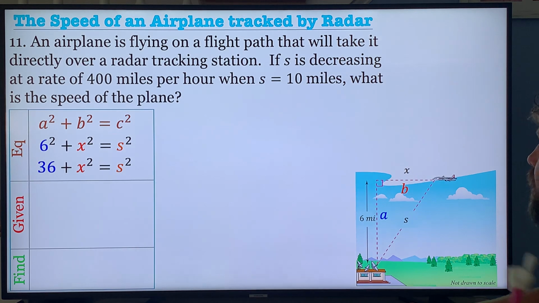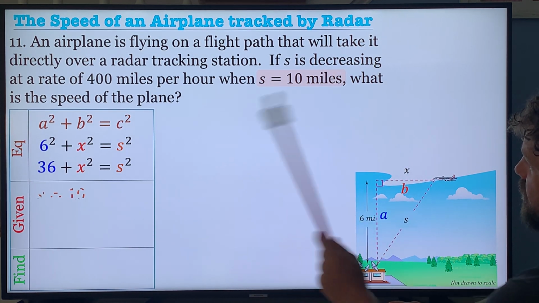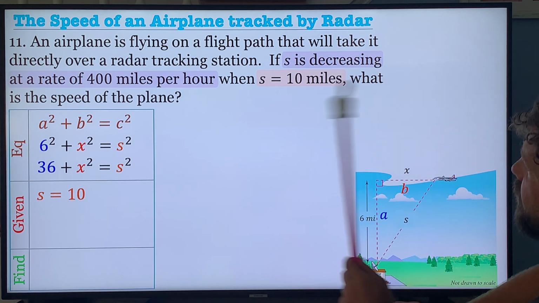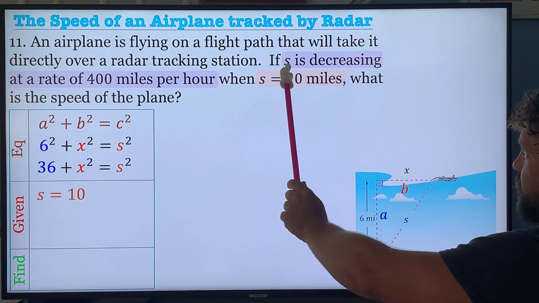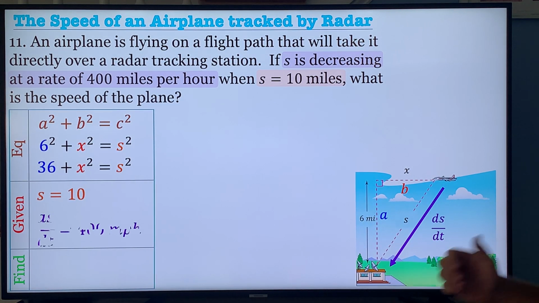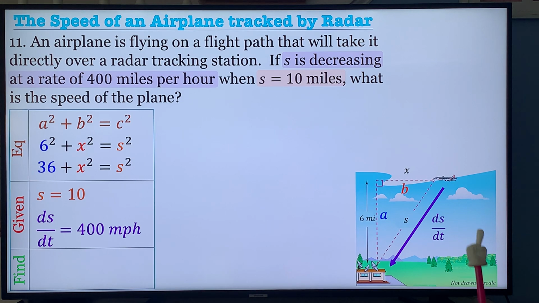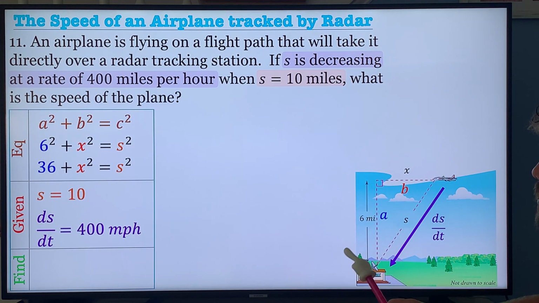Now, let's see what else we're given. S is 10 miles. We're given a rate of 400 miles an hour. S is decreasing, so dS/dt is negative 400 miles an hour. What is the speed of the plane? What are we going to try to find here?